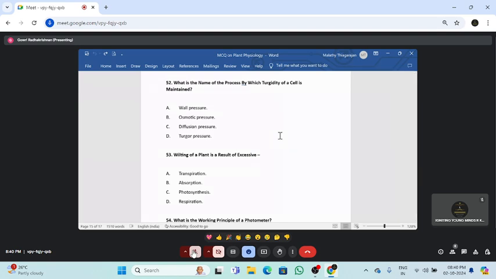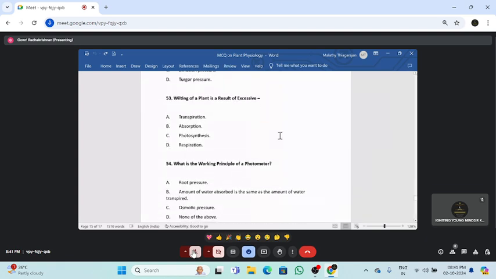Turgor pressure. Yes, option D is a correct answer. Wilting of a plant is a result of excessive transpiration. Correct. Option A is the correct answer.